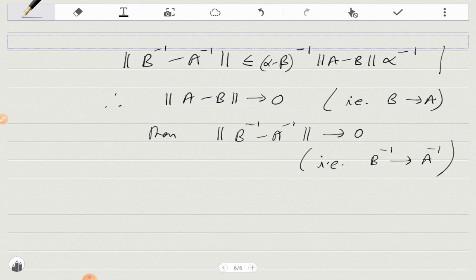In fact, I might have put a beta here as well instead of this. Beta goes to 0, so this whole thing will go to alpha inverse. But the main point is that this expression, the middle one, goes to 0. Therefore, x going to x inverse is continuous.